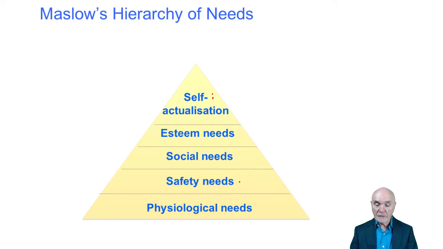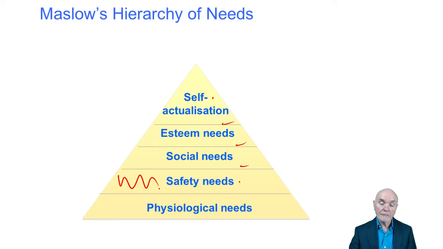And also, he said, if you're going to understand what motivates people, you have to kind of judge where they are in this hierarchy. And that may alter. So if you're relatively young with a young family, you'd be pretty interested in providing security for them.